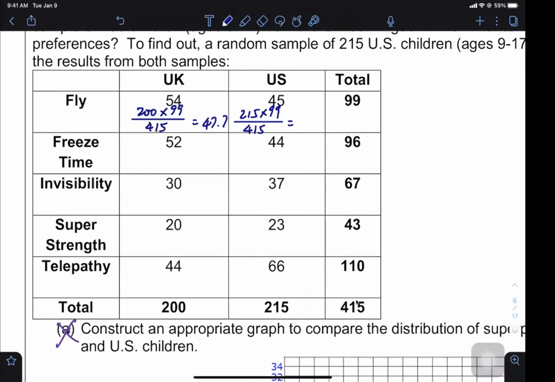Then let's move on. So this is 200 times 96 over 415.